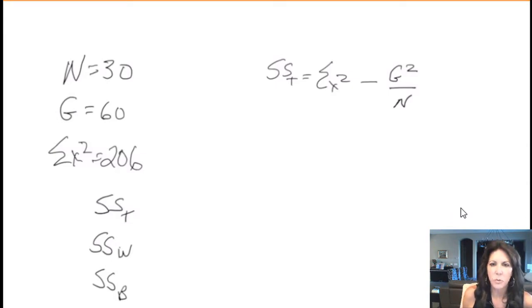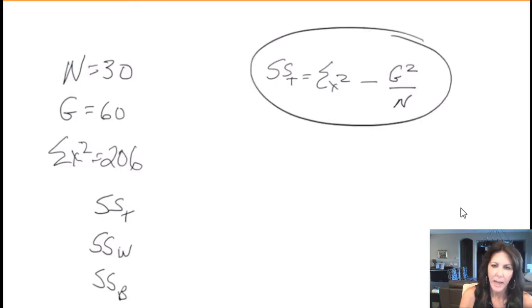First, let's start with sums of squares total. As I mentioned before, we can find sums of squares through either the definitional formula, which you've been using all along, or the computational formula, which is right here. And for this type of problem, it's much easier to use the computational formula. So this sum of the squared scores, I've already given that to you. That was 206, right?